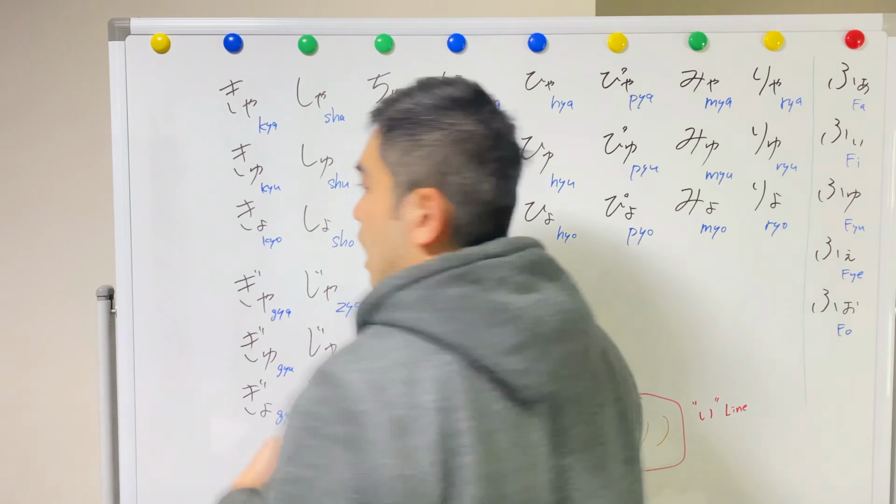So remember this. You don't have to worry about, oh, what do I do with this small circle? Don't worry. It only appears with these hiragana.